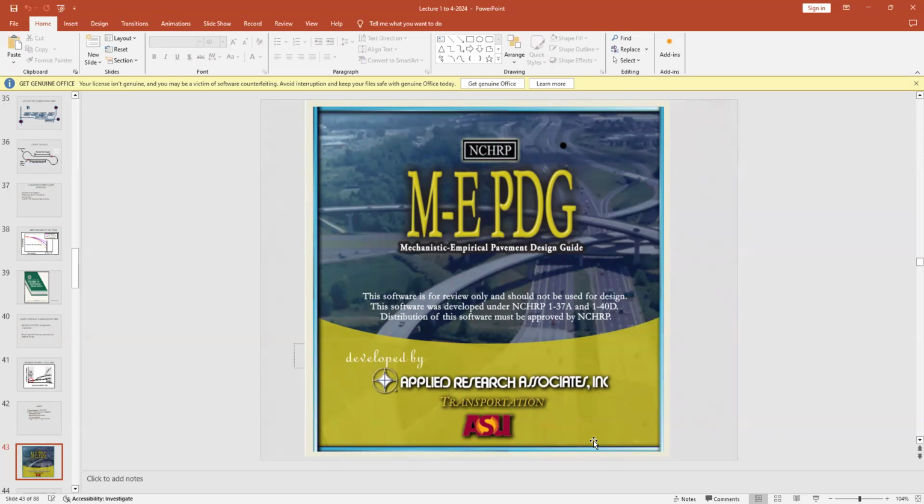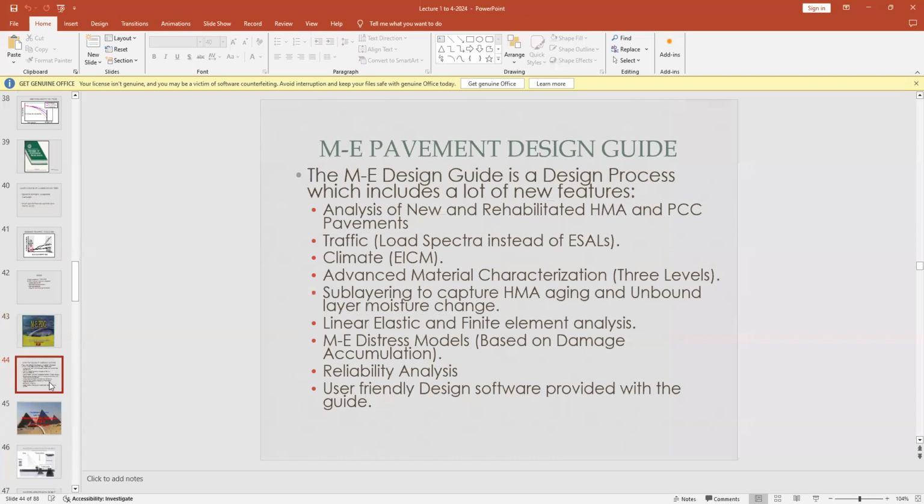That's why in Pakistan people are not using this MEPDG guide, or my knowledge about this is very limited. So for doing this, we have to use our own data. We have to collect it.